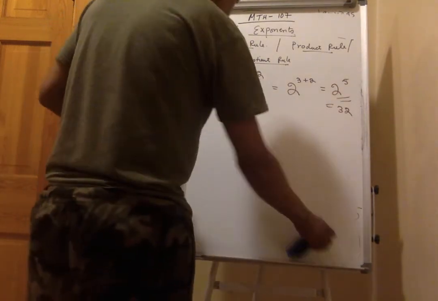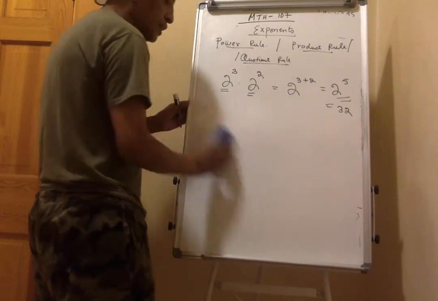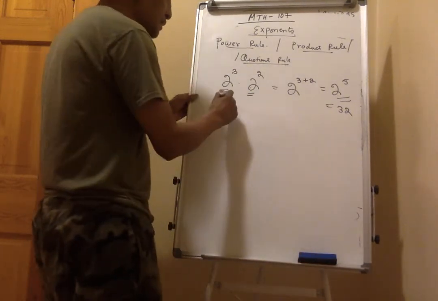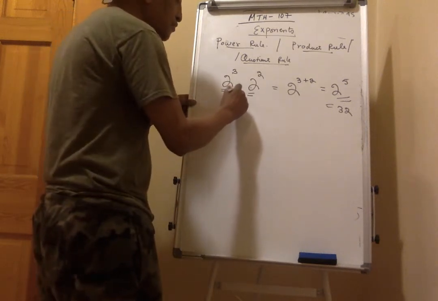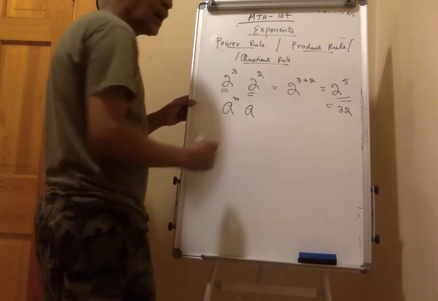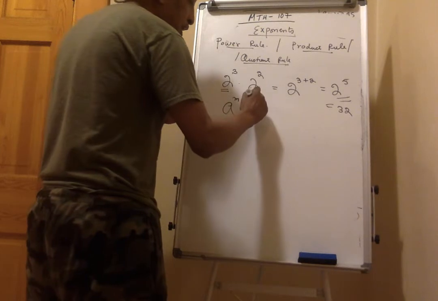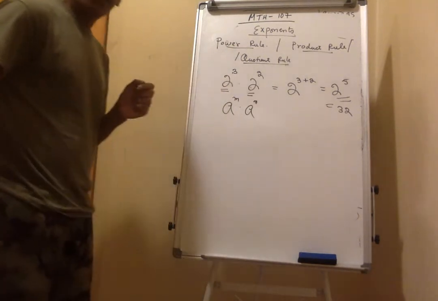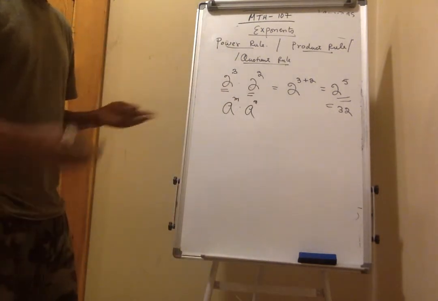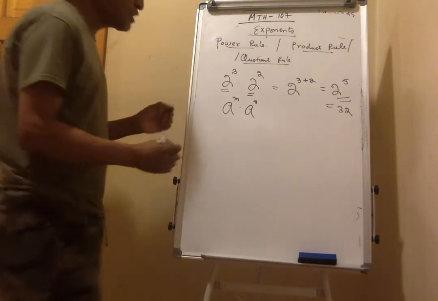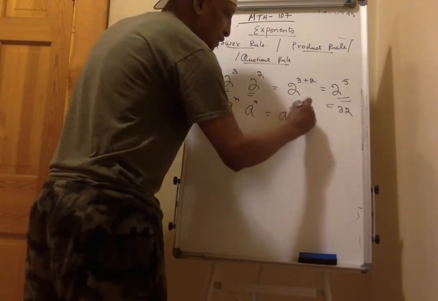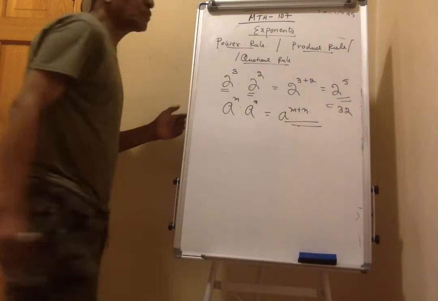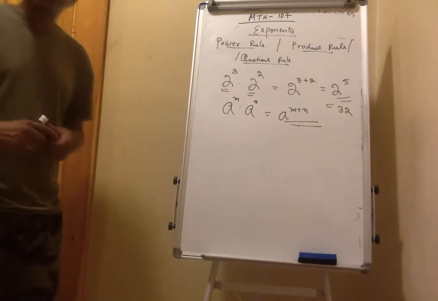In other words, if I have any number a raised to the m, and another number a raised to the n, to the nth power, if I'm going to multiply, all I need to do is go ahead and add the exponents. It would be a to the m plus n. That's what we call the product rule.